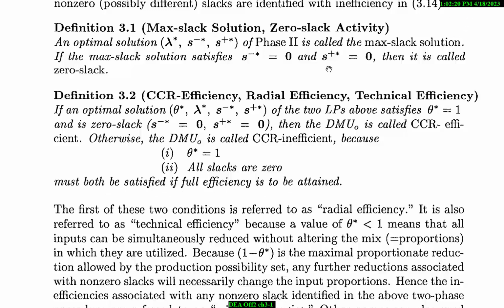The first condition, theta star equal to 1, is named radial efficiency. It is also referred to as technical efficiency because a value of theta star less than 1 means that all inputs can be simultaneously reduced without altering the mix in which they are utilized.